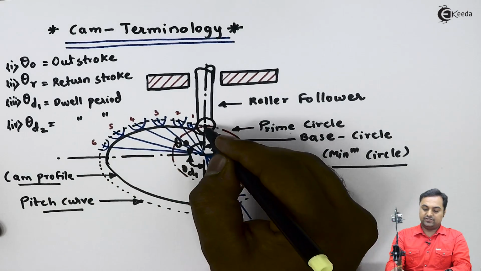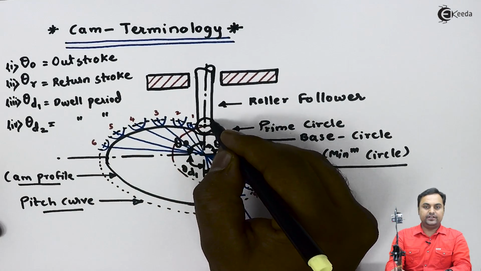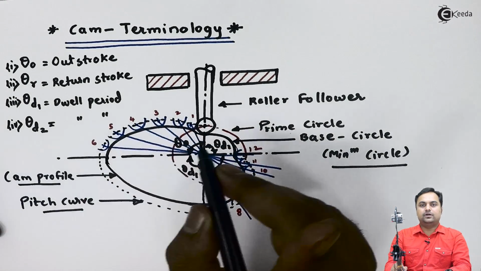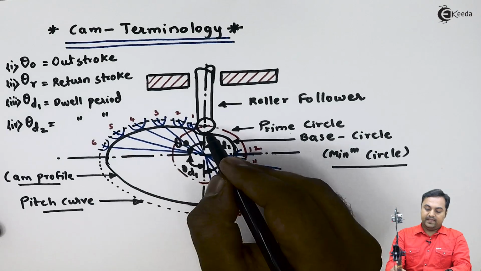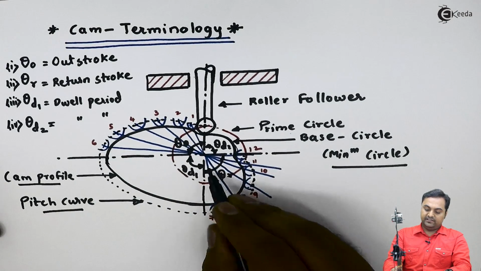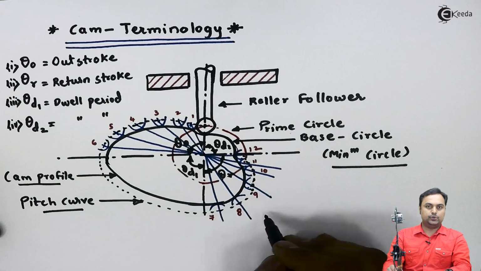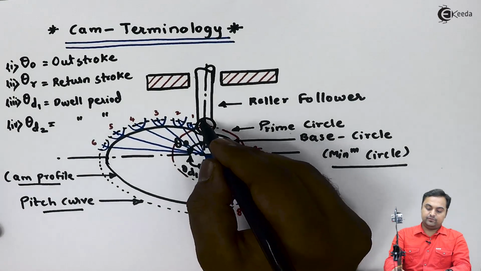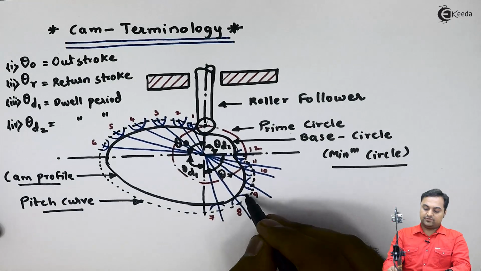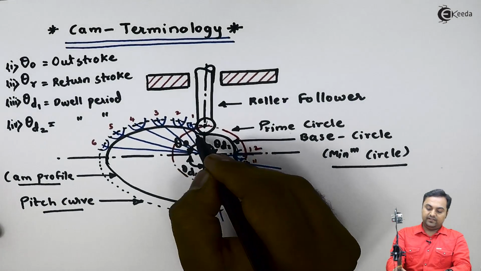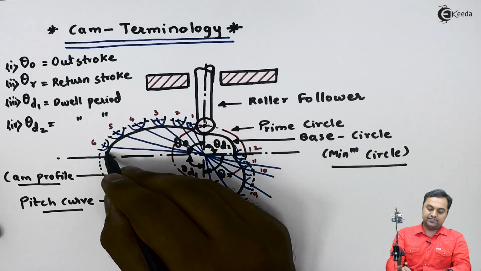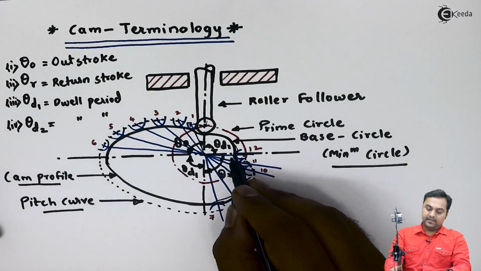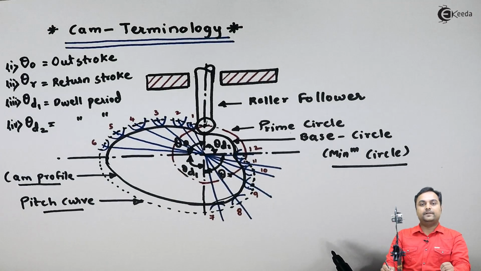After getting the centers, we will take the radius equal to the radius of the roller, and we will draw just a small arc, not a complete circle. And then similarly we will divide the angle for return stroke and mark the centers. After marking the centers, we would be taking the radius and drawing small arcs here, and finally when we join the base tangents of these arcs we would be getting a profile, and that profile is called as cam profile.